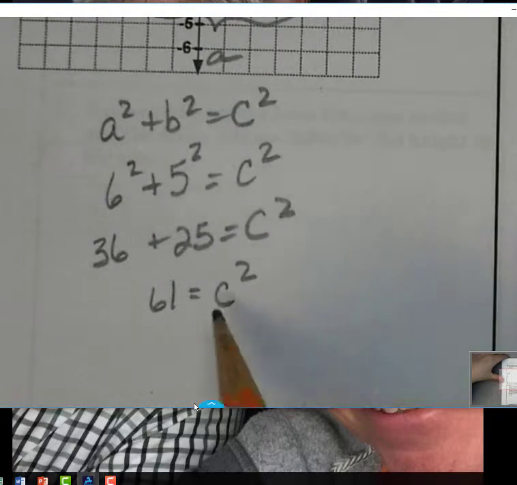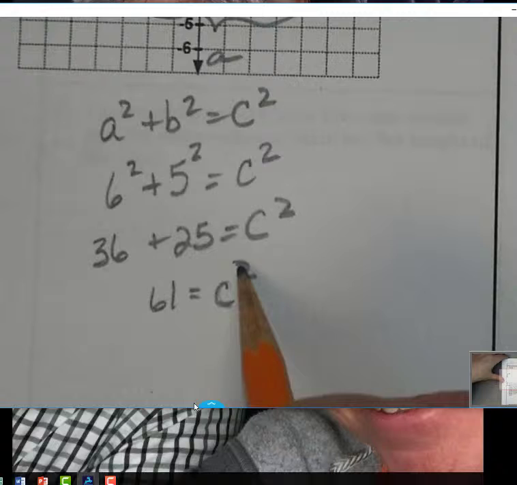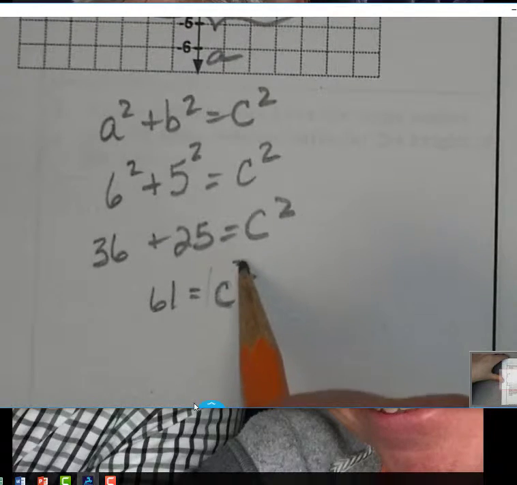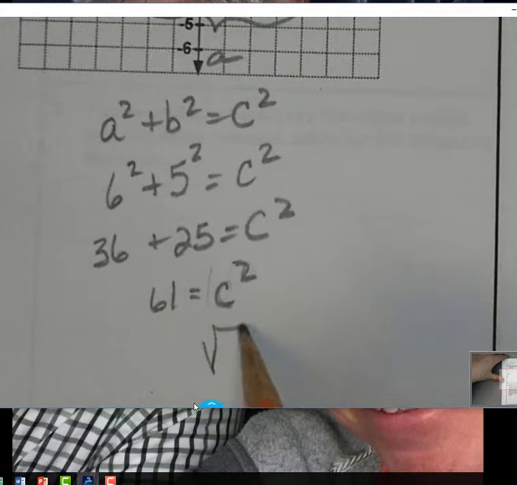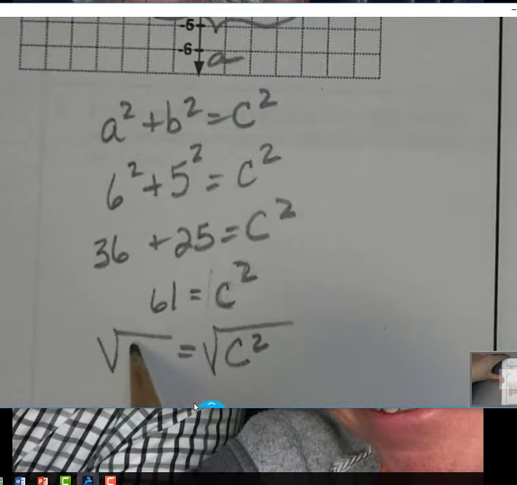And then just like in the first problem, the undoing of the square, because we don't know what c is until it has an exponent of positive 1, right? All those times we've said that it needs to have a positive 1 coefficient, it needs to be isolated, which it is, and it needs to have a positive 1 as the exponent. The problem is this has positive 2. So to undo squaring, we take the square root, and if we take the square root of one side, we have to take the square root of the other side.